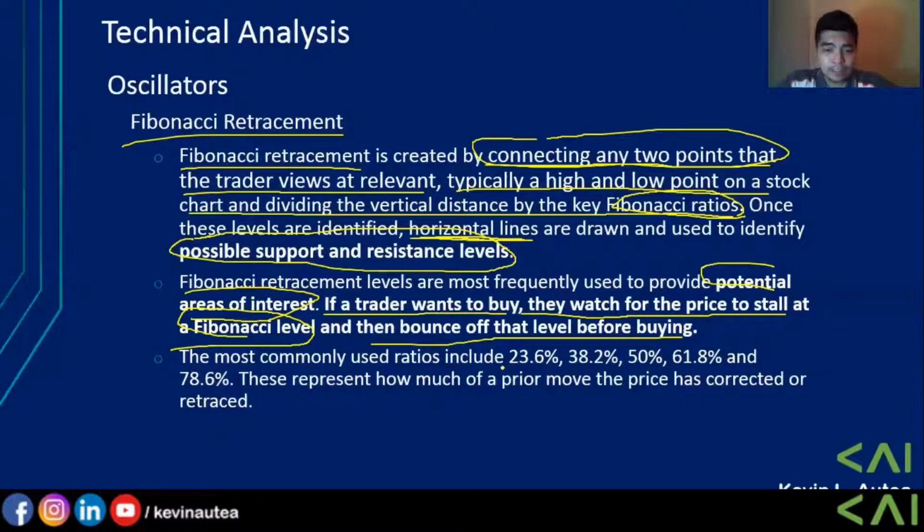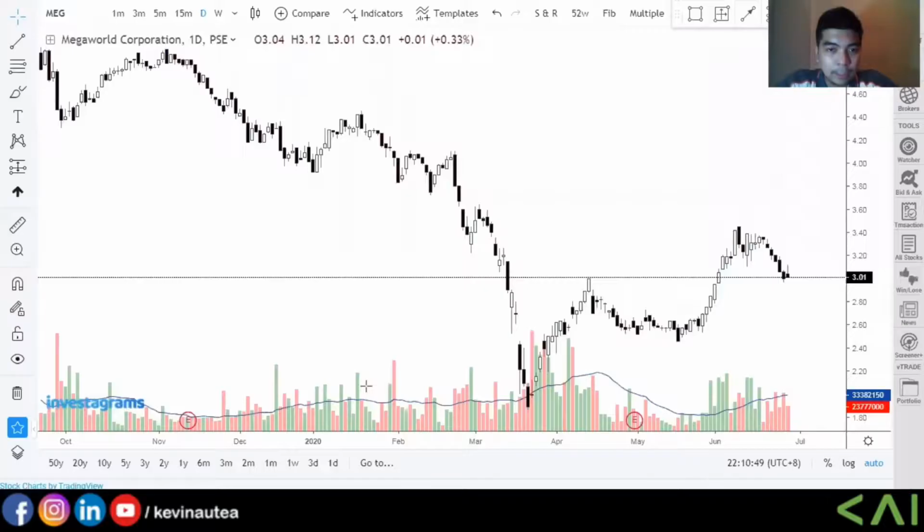Usually, just for your information, these are the usual ratios. 23.6. They represent how much a prior move in price has corrected or retraced. I'll give you first the definition of the Fibonacci retracement before we go with the examples.